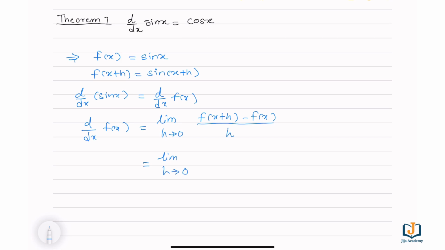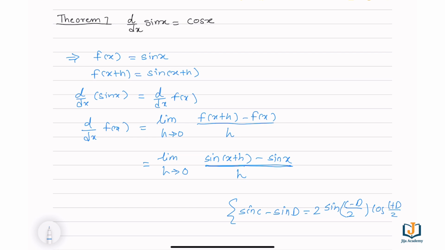F of x plus h is sin (x plus h), minus f of x is sin x, divided by h. Now for sin (x plus h) minus sin x, we are using the formula sin c minus sin d is equal to 2 sin (c minus d) upon 2 cos (c plus d) upon 2.